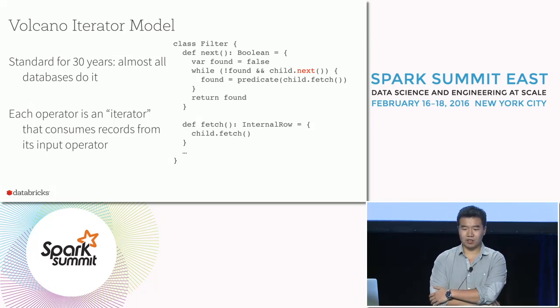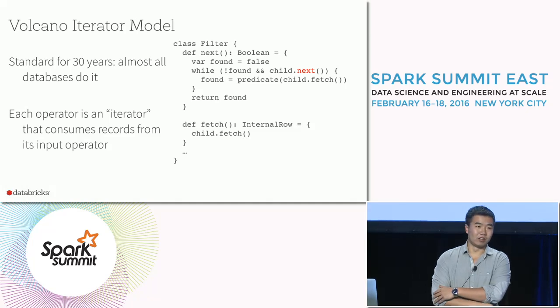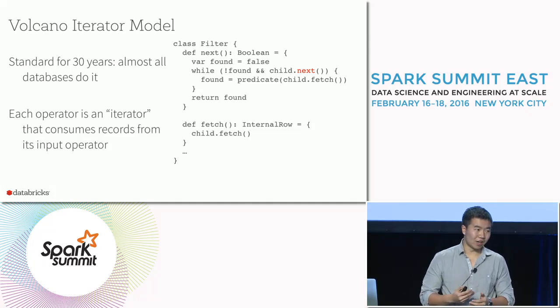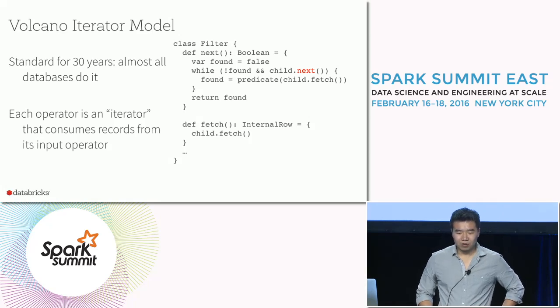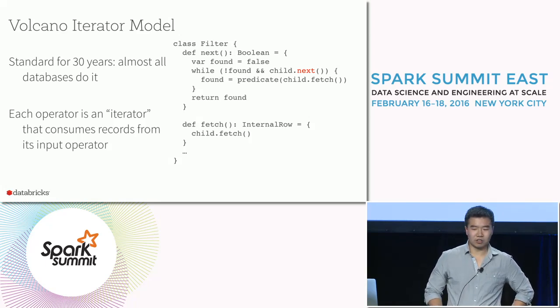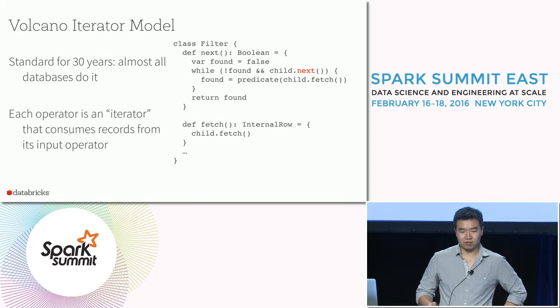Essentially, every operator reads the value from its child, then does some processing, and optionally returns one or not. In the case of the filter, the call in red is the call to get the value from its child. The beauty of this is that it's very simple. Every operator is just an iterator, and it's very composable. But the downside is that this is not necessarily the most CPU efficient way to run.